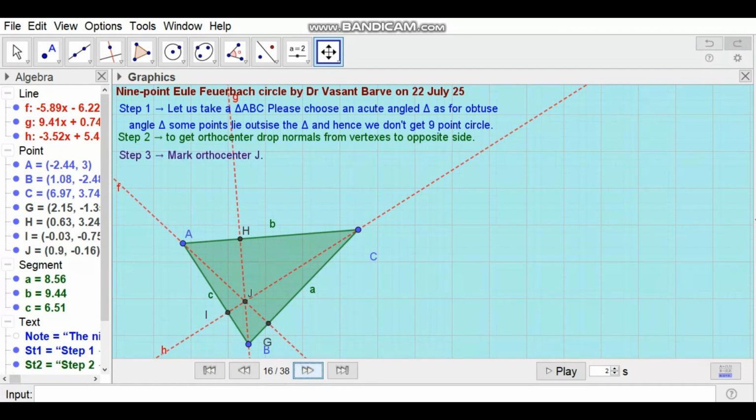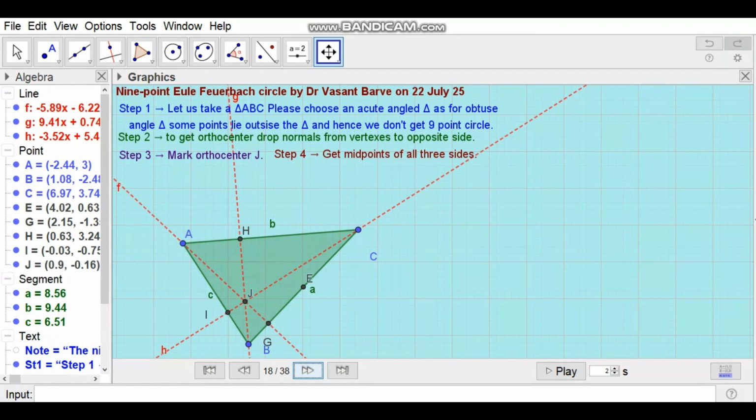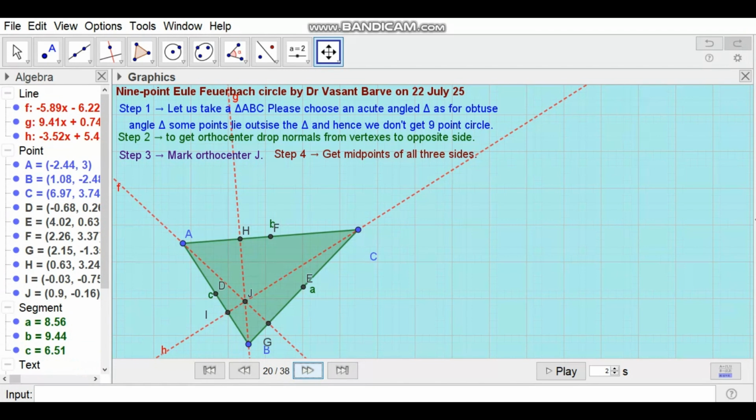So I have marked this orthocenter as J. Now we will go ahead and we will get the midpoints of all 3 sides, that is AB, BC, and AC. So I got these D, E, F as the midpoints for AB, BC, and AC. Next step is to mark the centers of segments from vertices to orthocenter.